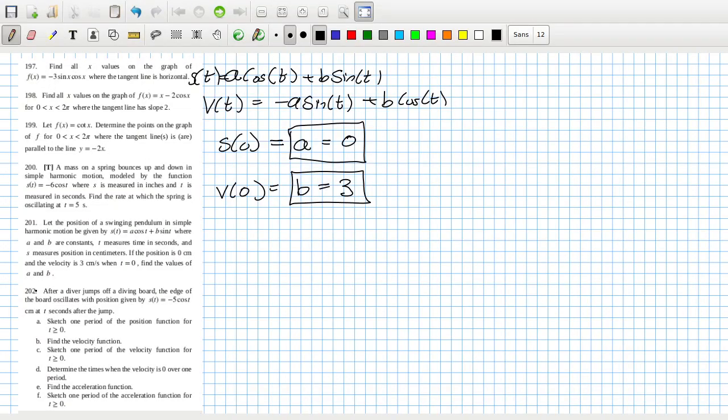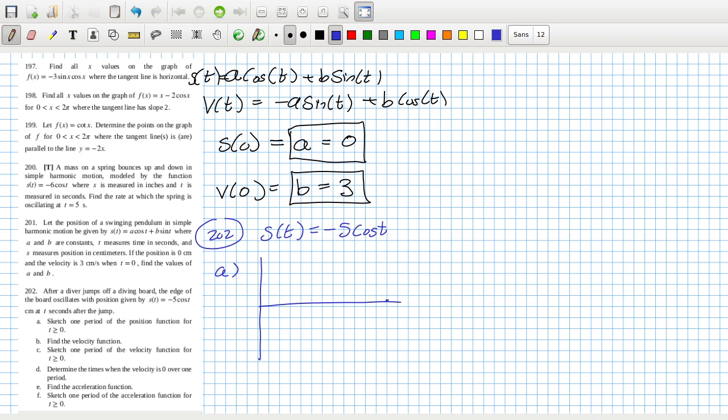Okay. And lastly, after a diver jumps off a diving board, the edge of the board oscillates with position function, 202, s(t) equals minus 5 cos t. So initially negative. Sketch one period of the position function for t greater than 0.